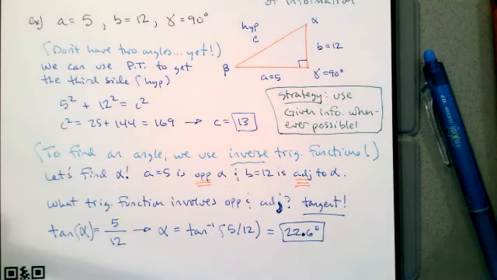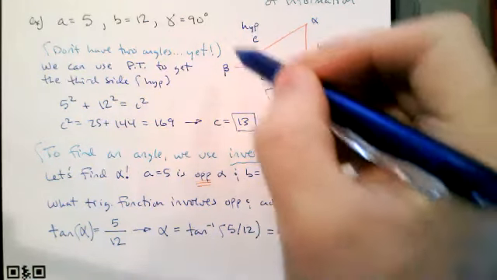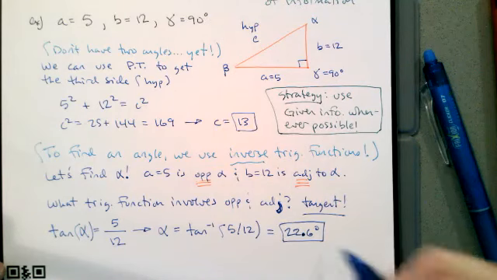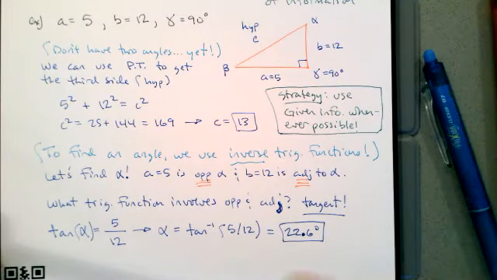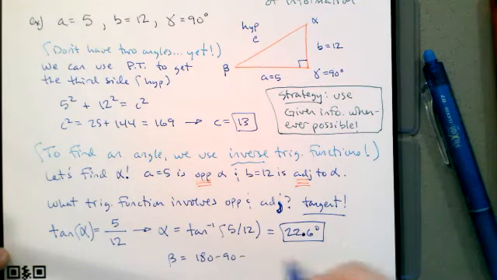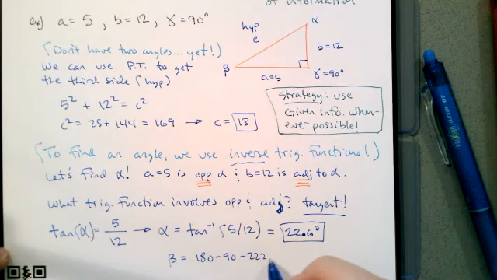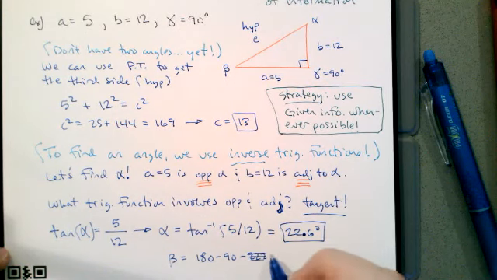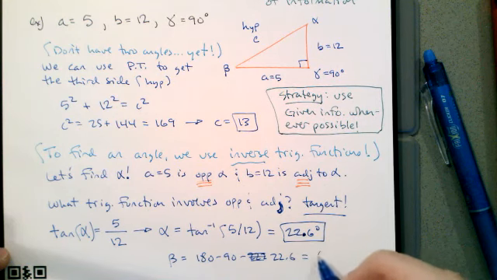So angle beta is 180 minus 90 minus our newly found alpha of 22.6, and that gives us 67.4.